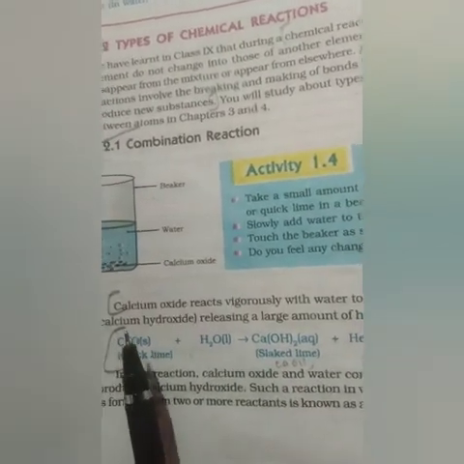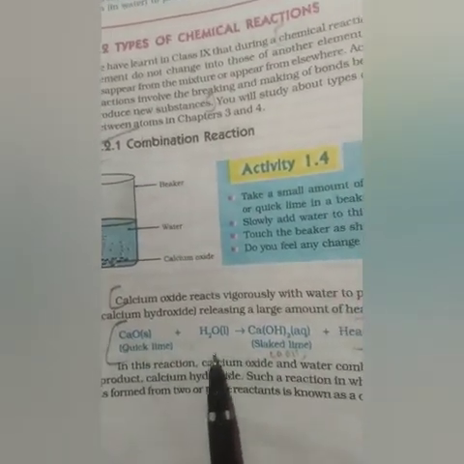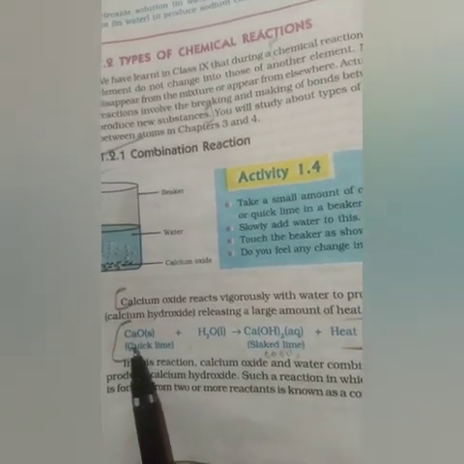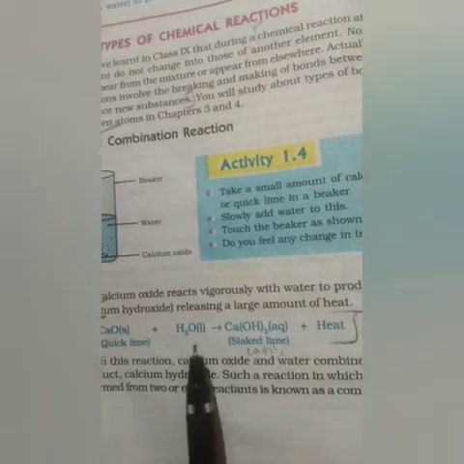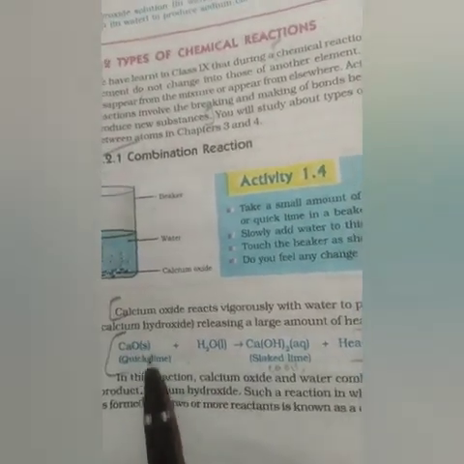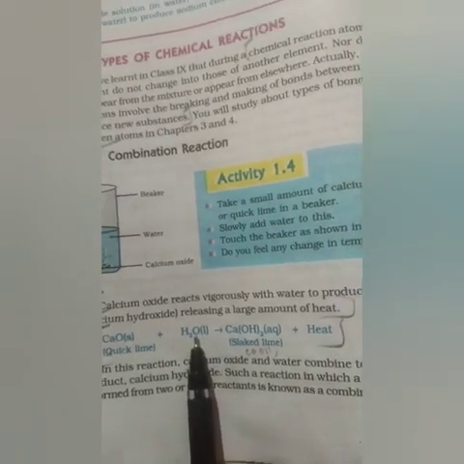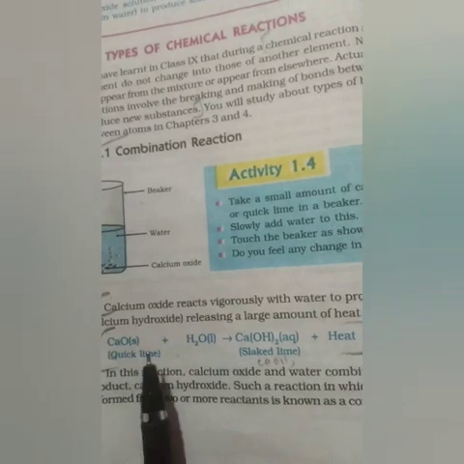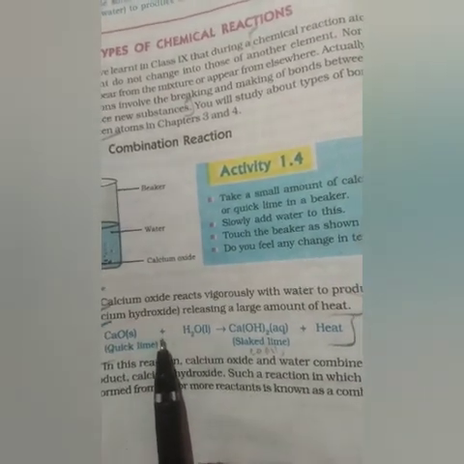Now observe here, how many reactants are there in this reaction? There are two reactants, calcium oxide and water. This is one reactant and this is one more reactant. After one reactant we place a plus sign.